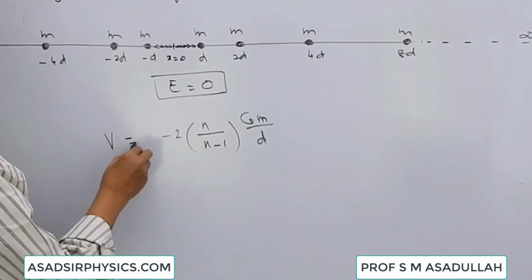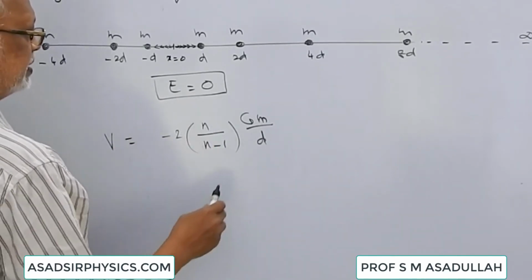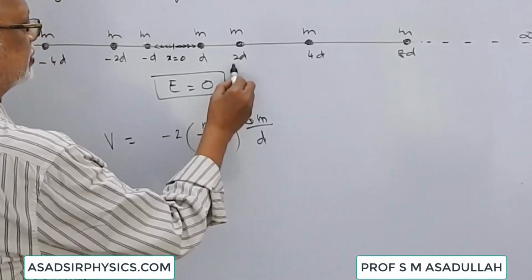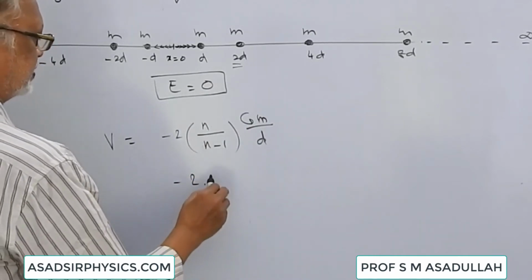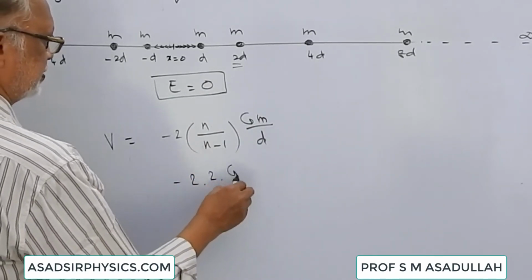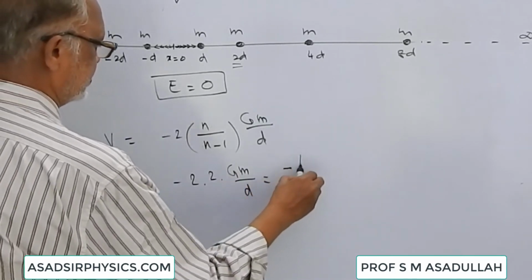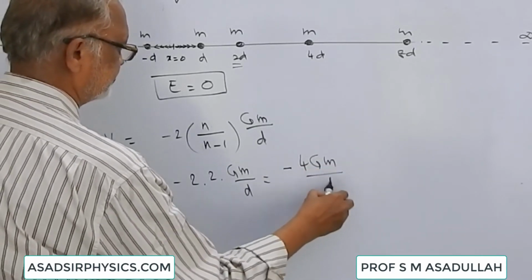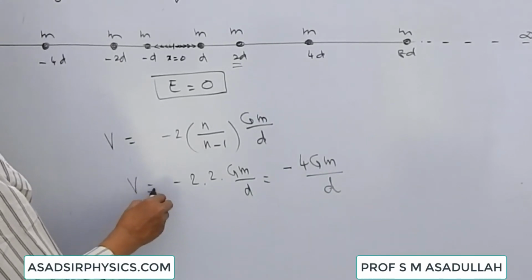The potential at x equal to 0 is minus 2 into (n minus 1) GM by d. N is how much? 2 here. So 2 minus 1, that is 1, into 2, into GM by d. So we have got minus 4 GM by d. That is the potential at x equal to 0.